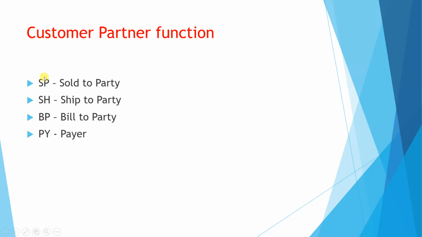The company will deliver the goods to the customer location, so that customer is called the ship to party. The company raises the bill to a customer, and that customer is called the bill to party. Next, the payer: the customer who is paying the money to the company is called the payer.